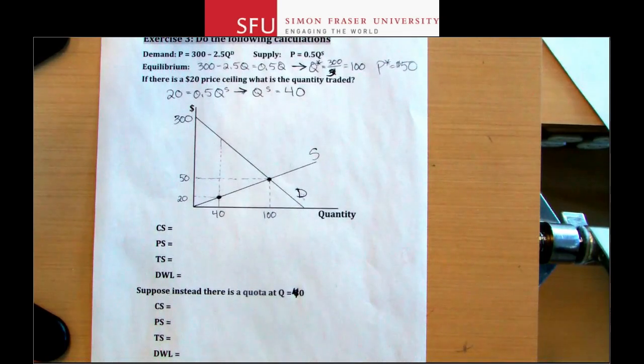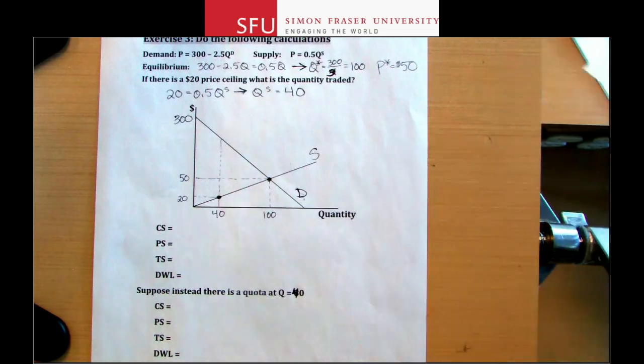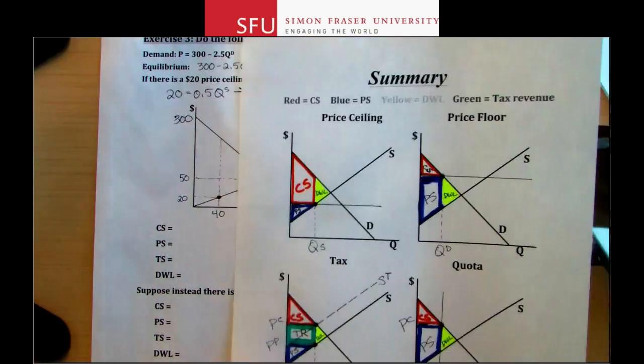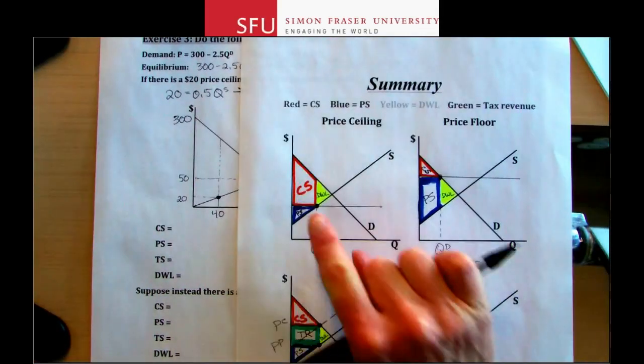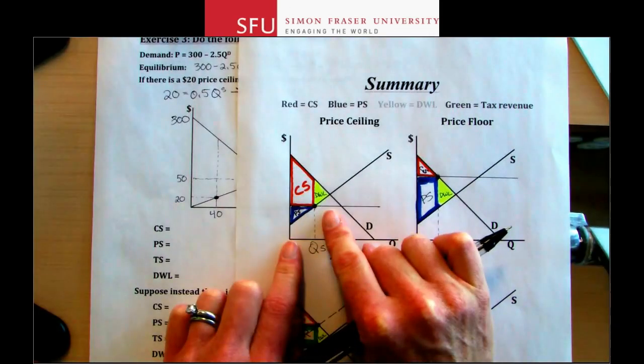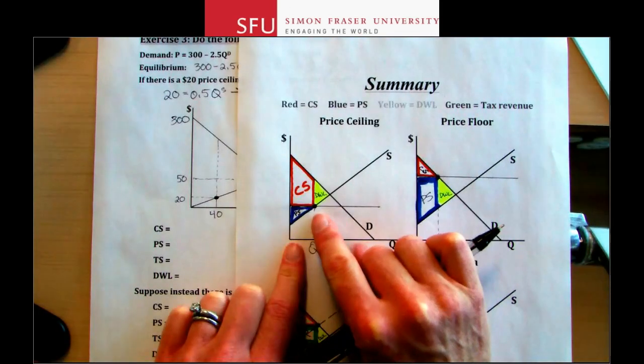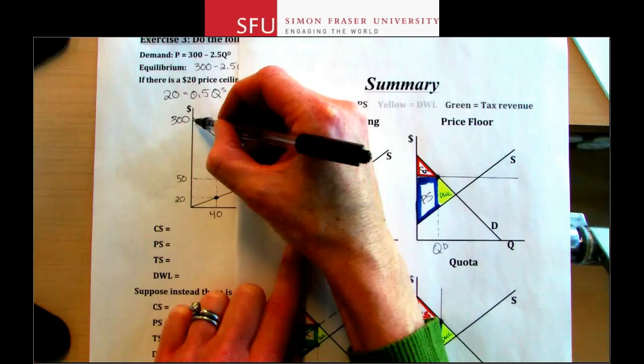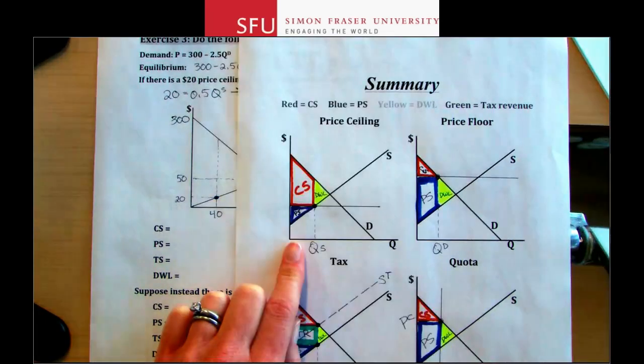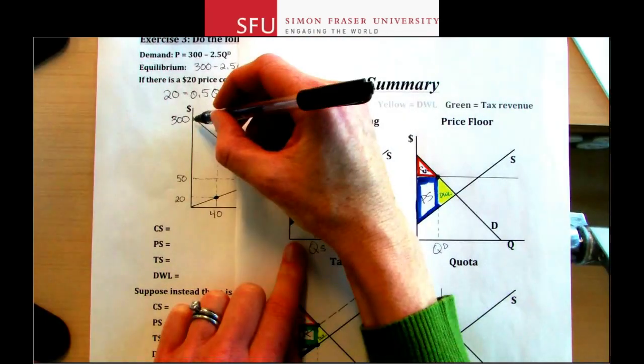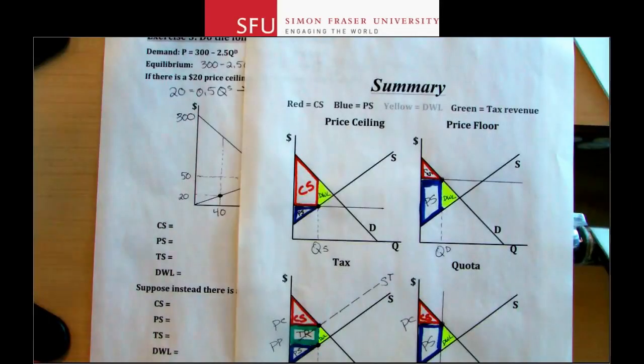Okay, so now we can start drawing the graph. All right, so then we're going to calculate these different areas. And, okay, so it's a price ceiling. So just putting this up here again. So this is the picture here. So it's a price ceiling. So consumer surplus will, I'm going to use a color.